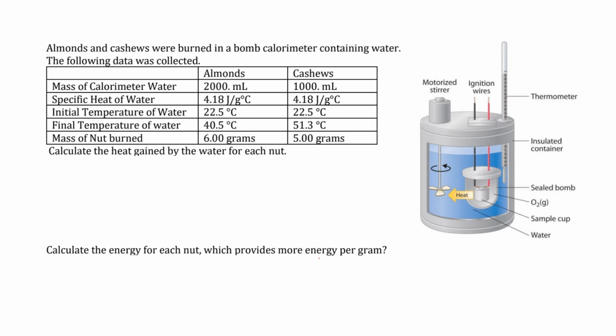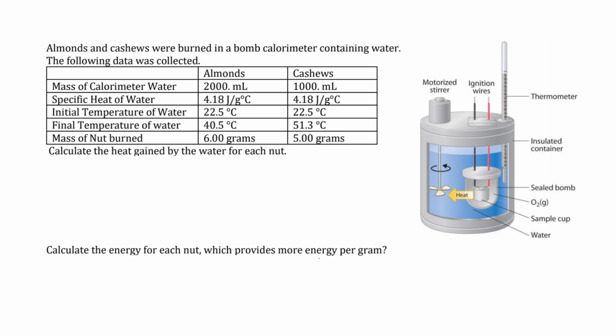So for almonds, you're just going to use your Q equals mc delta T. Because we're using water, the density of water is 1 gram per 1 milliliter, so grams and milliliters are equal to each other for water.